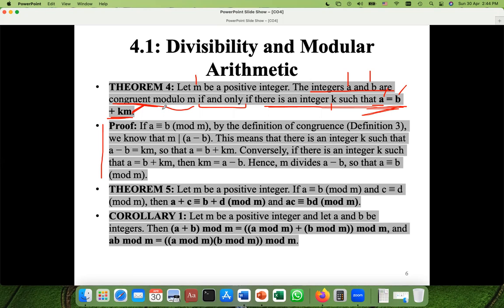For example, maybe you have heard proof by contradiction, proof by contrapositive, proof by negation, proof by counterexample, proof by mathematical induction. There are different techniques. There should be one chapter on it.